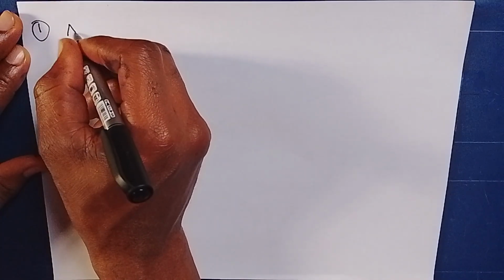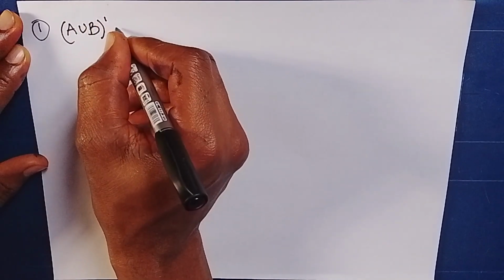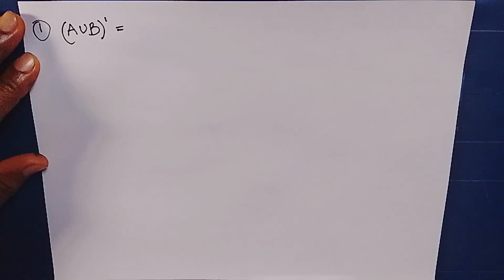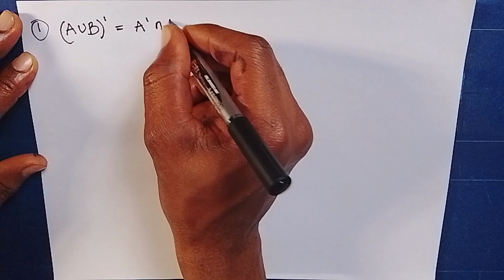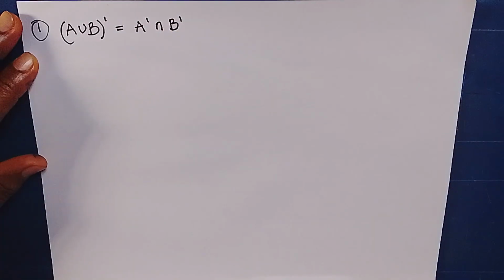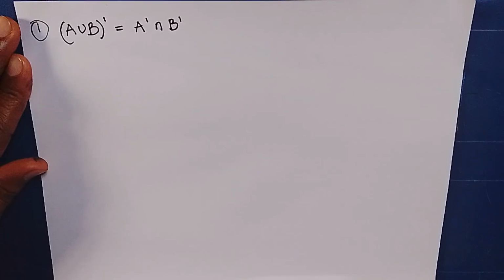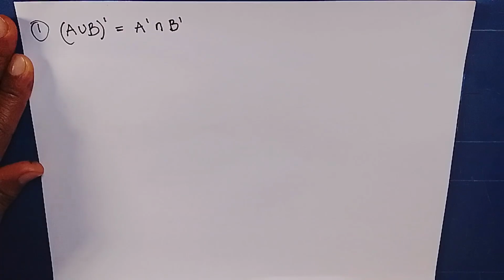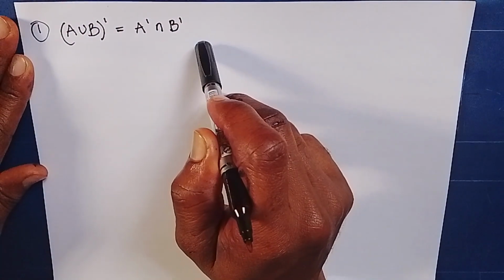We're asked to prove that the complement of A union B is equal to the complement of A intersection the complement of B. So, just like I've said, it's not about solving. What you just want to do is prove logically and step by step your reasoning, that your left-hand side will equate to the right-hand side.